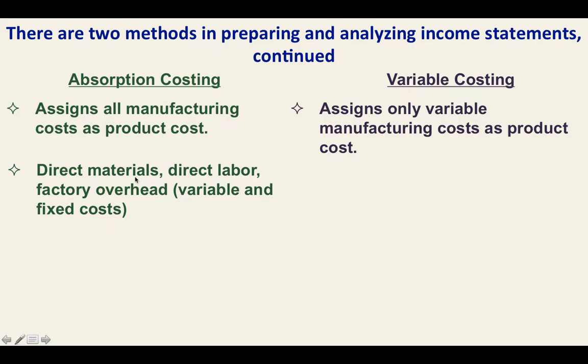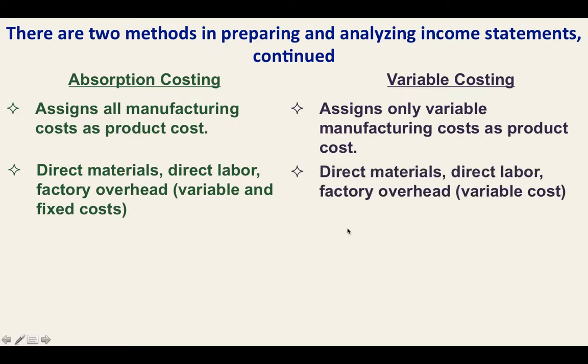Diba, direct materials is variable, as we have learned. Direct labor is variable. Factory overhead can be variable and can be fixed cost. At kung mixed cost siya, we have to include that. So all factory overhead, variable and fixed cost, and mixed cost will be part of the product cost.